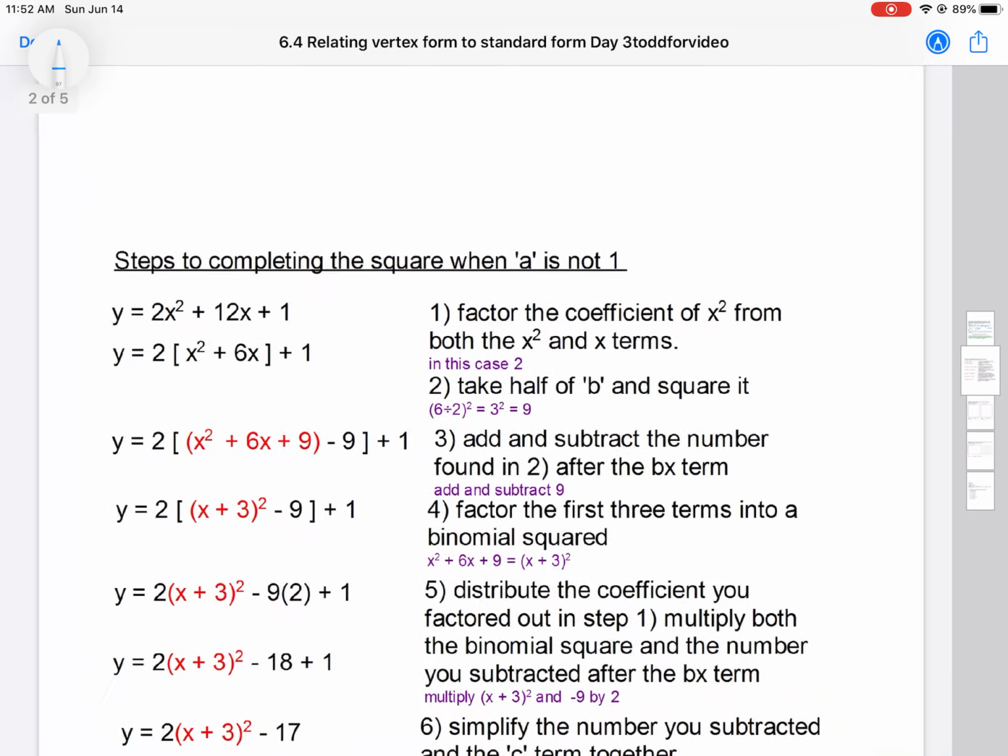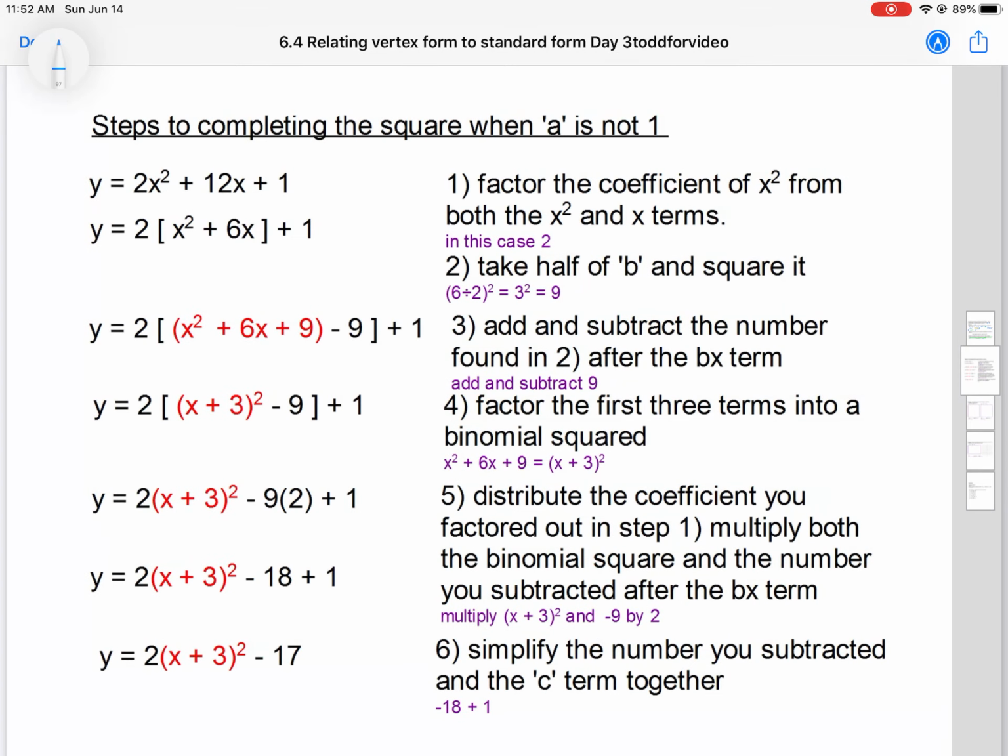Okay, so here is a completed version. We'll just go through. So really this is now our first step here. You need to factor out the 2. So again, whatever number is here, that's going to be your common factor. And because we just leave the c value, we're going to do the same thing.